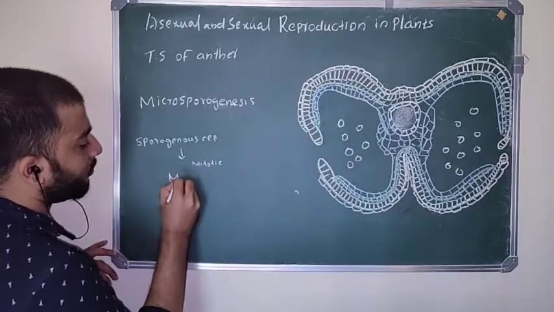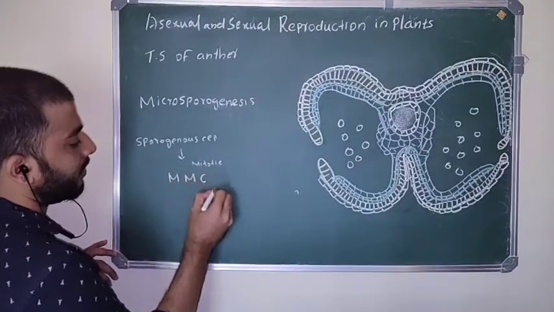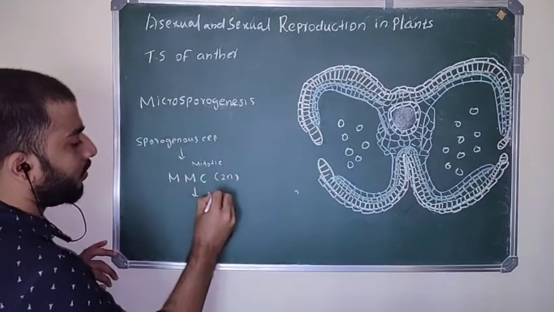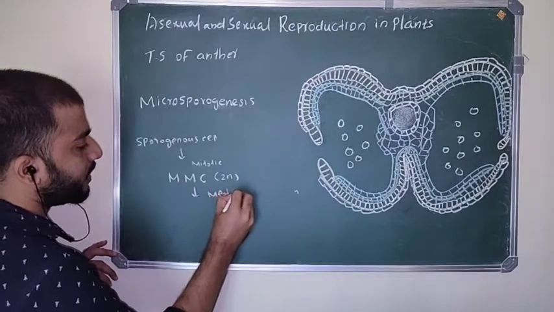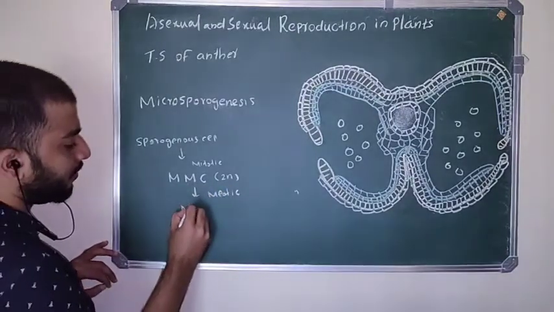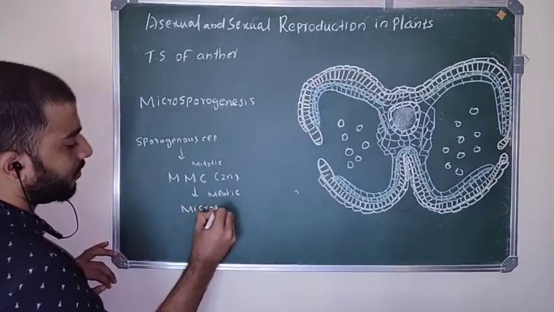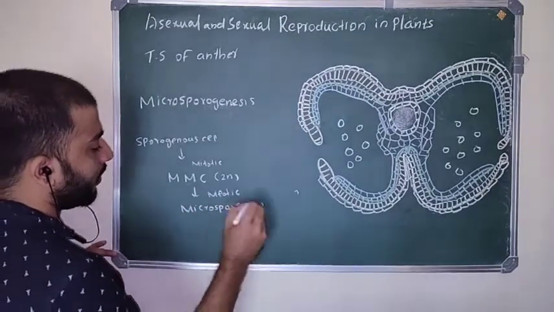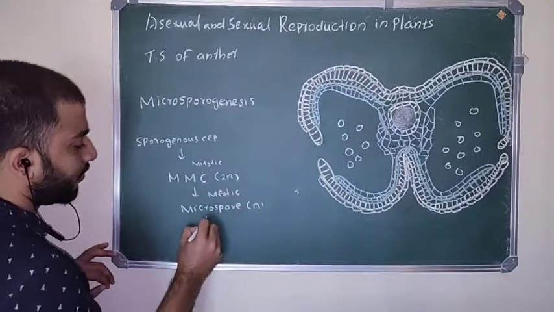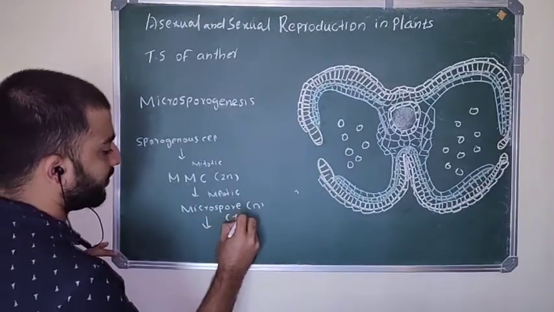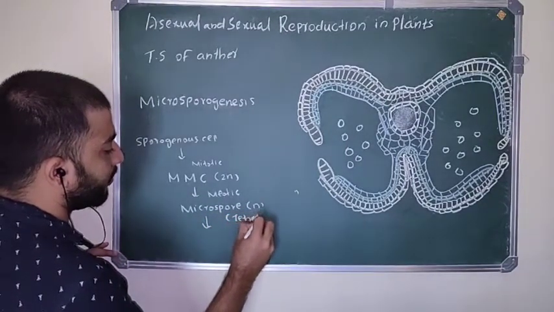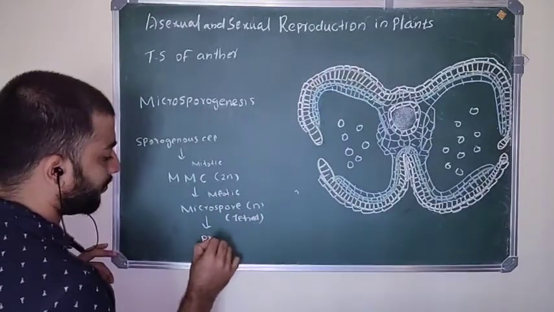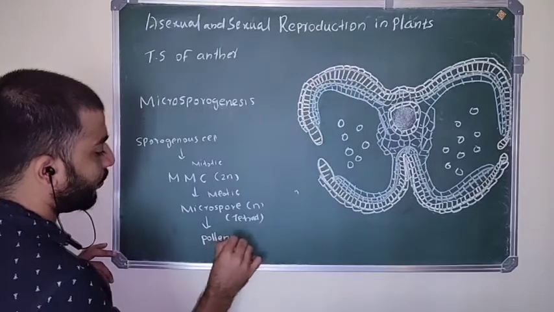They form microspore mother cells which are diploid, and these microspore mother cells undergo meiotic division which develops microspores. All microspores are formed, they are haploid, and these microspores form a tetrad, and this microspore tetrad separates and develops into pollen grains.